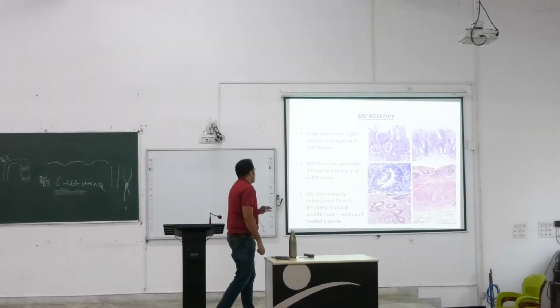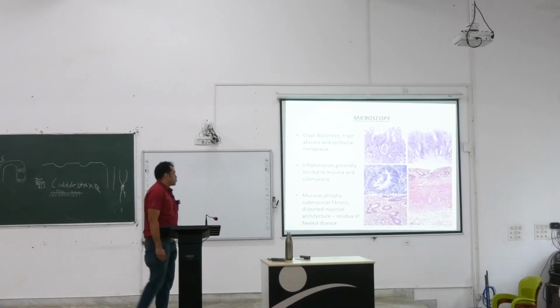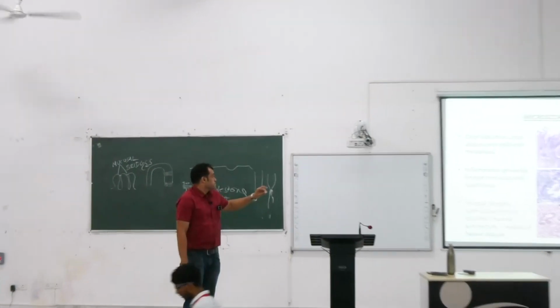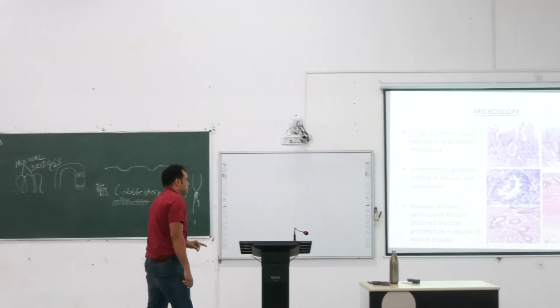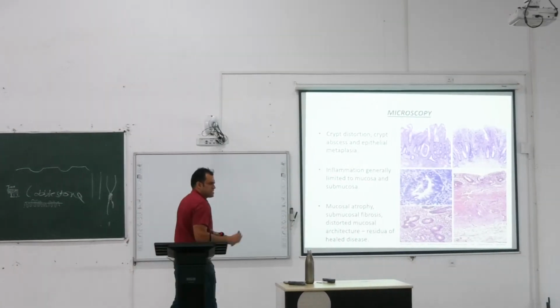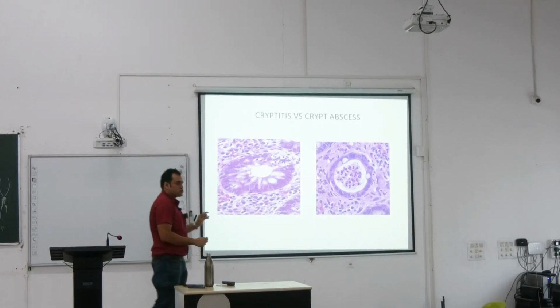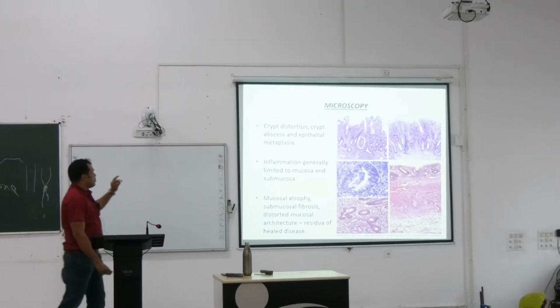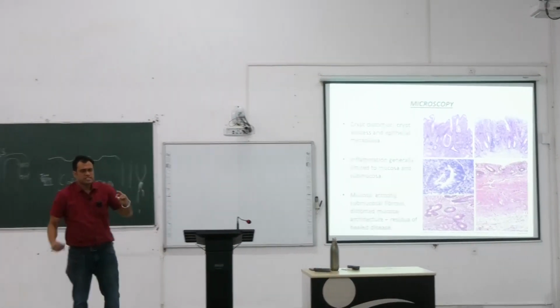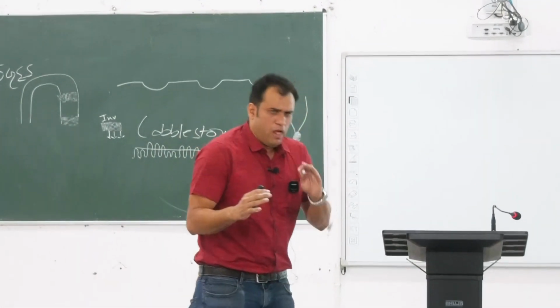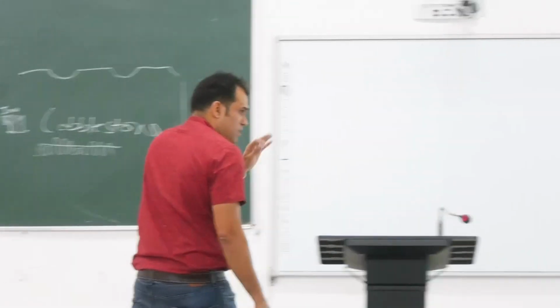Okay. So coming to the microscopy again, crypt abscess and crypt distortion, which were explained in epithelial metaplasia, are similar to this: cryptitis and crypt abscess. I'm showing you the picture once again. So crypt distortion, just like Crohn's disease, crypt abscess, cryptitis, and epithelial metaplasia.